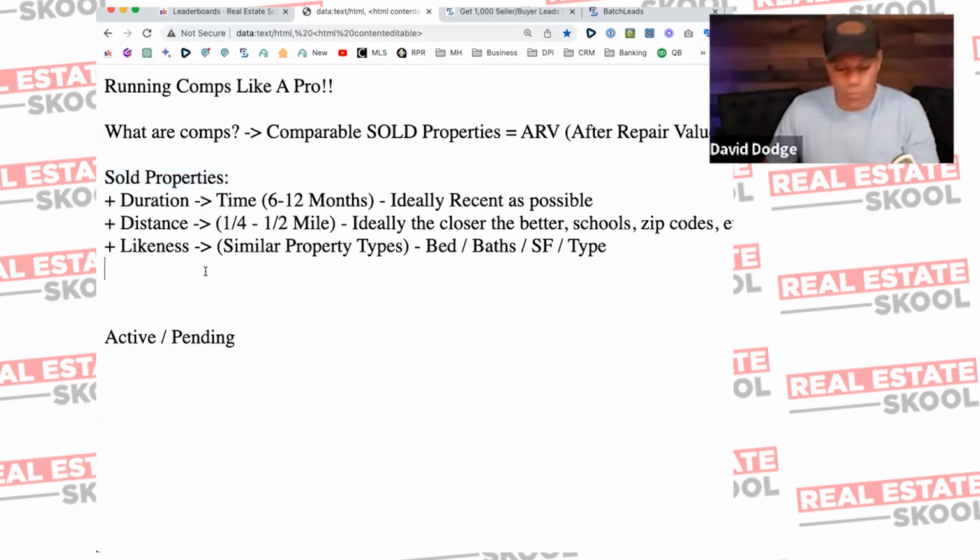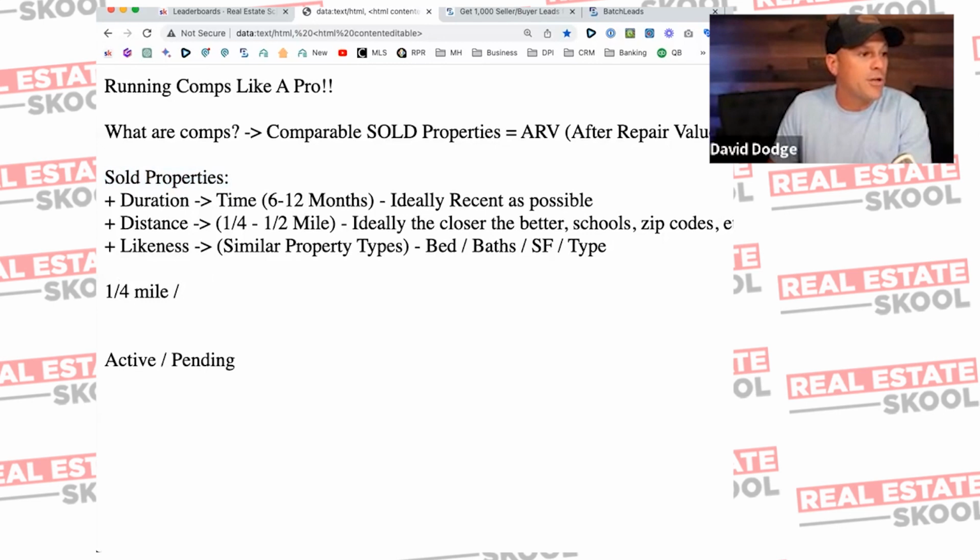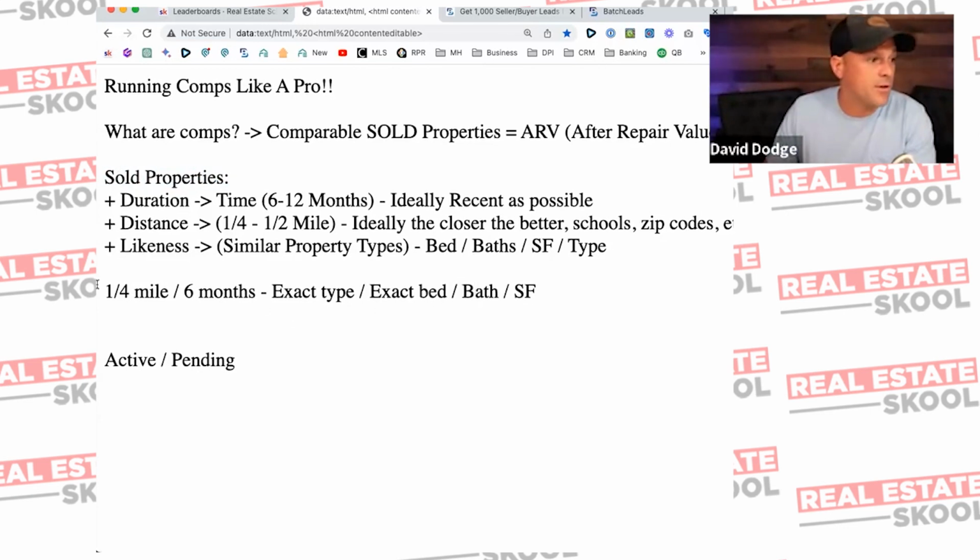So in a perfect world, I'm looking for a 1/4 mile, I'm looking for 6 months, and I'm looking for the exact type as well as the exact bed, bath, and square footage. Okay, so keep that in mind. The more similar, the better.